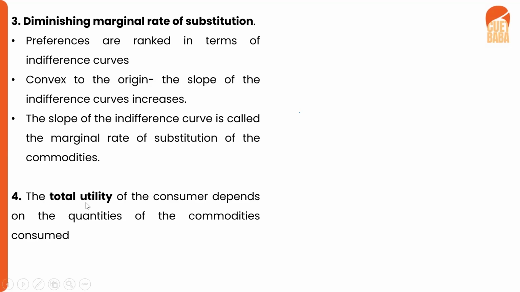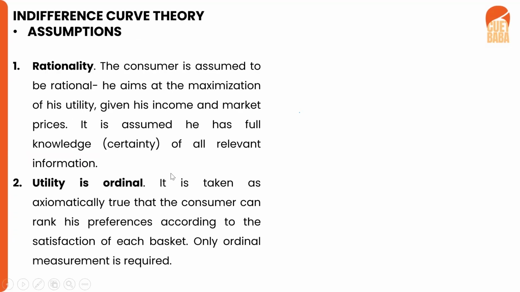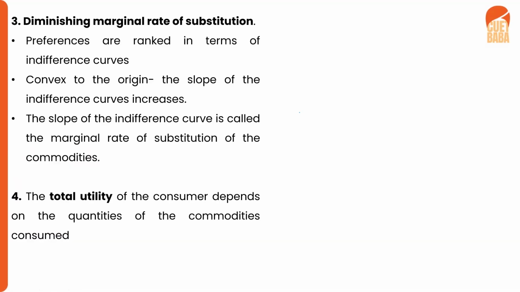Okay, so we already saw four assumptions. That is, first one being rationality, second utility is ordinal, third is diminishing MRS, that is marginal rate of substitution, and fourth one is the total utility depends on the quantities consumed by the consumer.